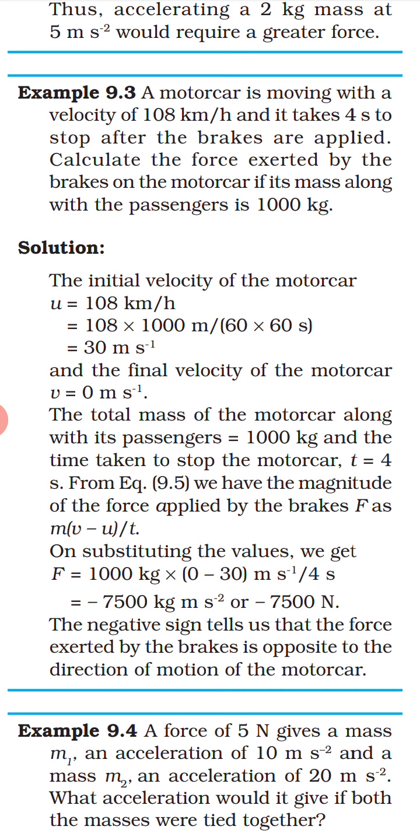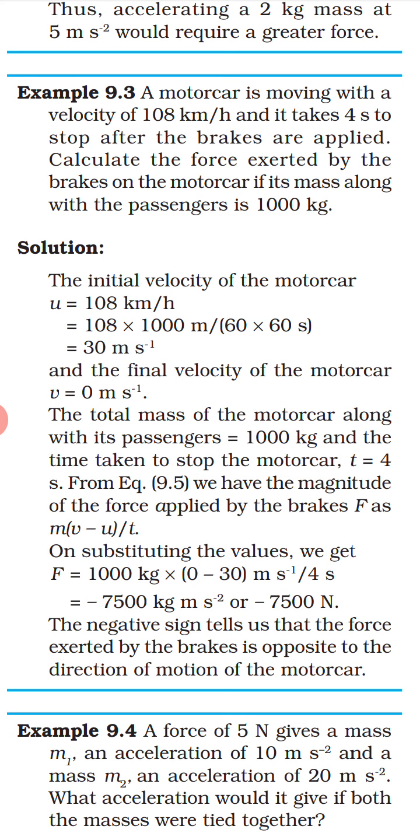Again, a motor car is moving with a velocity, how much velocity? 108 km per hour, and it takes 4 seconds to stop after the brakes are applied. 4 सेकेंड लग गए ब्रेक अप्लाई होने के बाद स्टॉप होने के लिए. Calculate the force exerted by the brakes, ब्रेक्स ने कितना फोर्स एक्सर्ट किया on the motor car if its mass along with the passenger is 1000 kg.